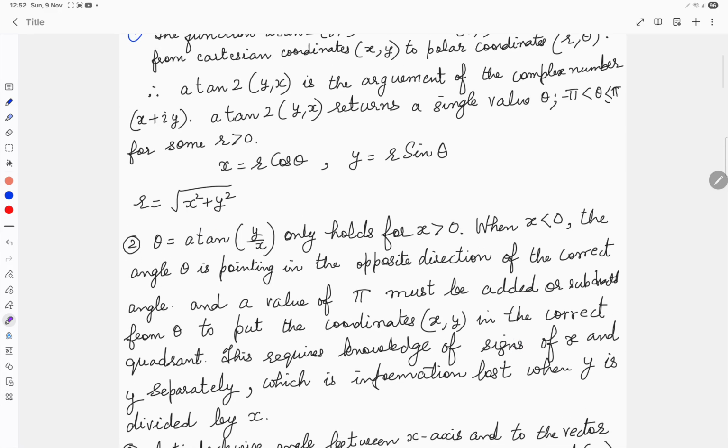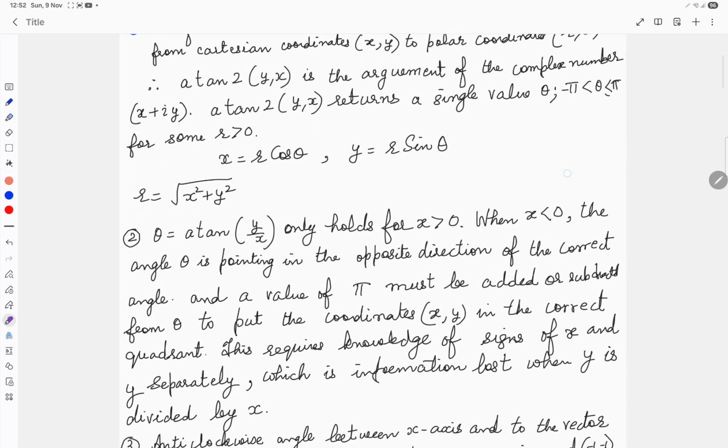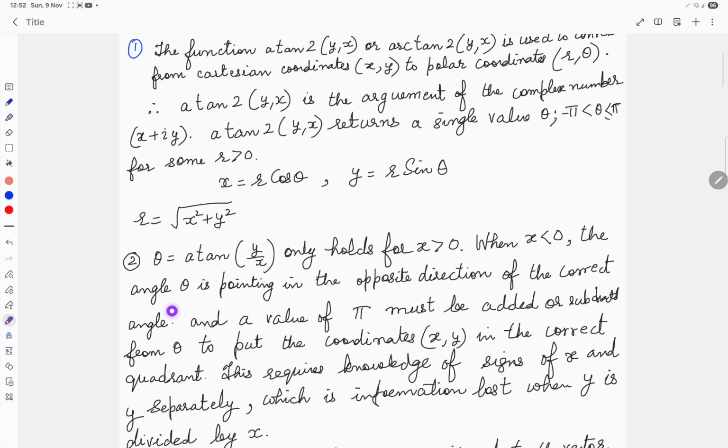Now let us try to understand what the problems are with the function arctan of y by x without this factor 2. But why is there a problem? Because this function holds only for x greater than 0. When x is less than 0, that means it is on the other side of the y-axis. When x is negative, the angle theta is pointing in the opposite direction.